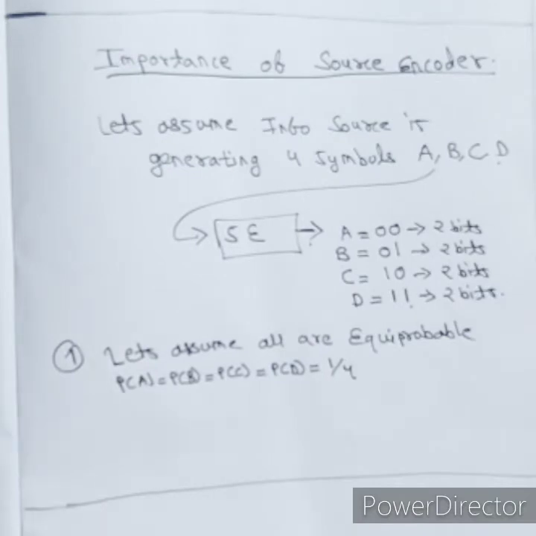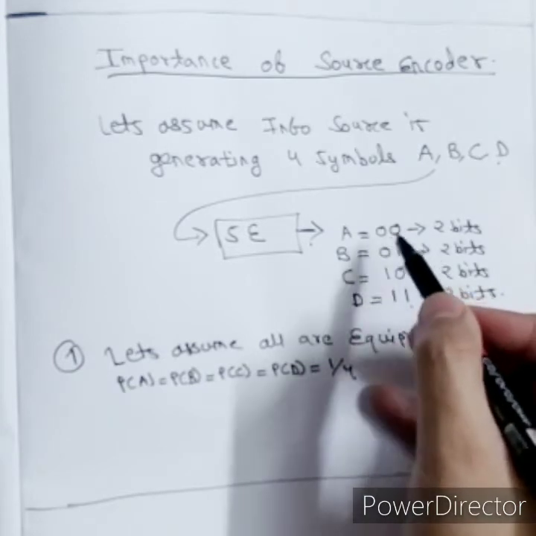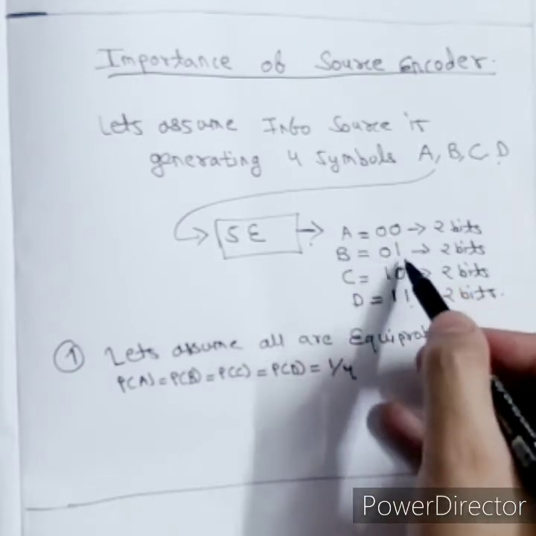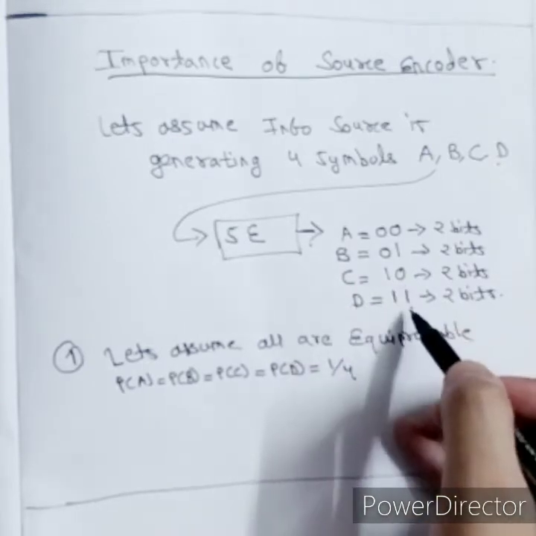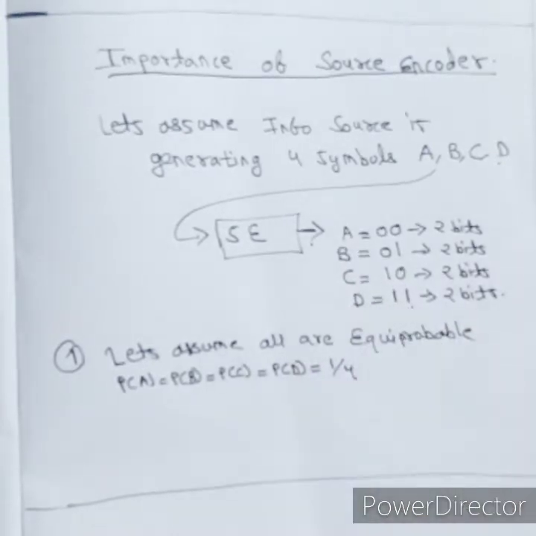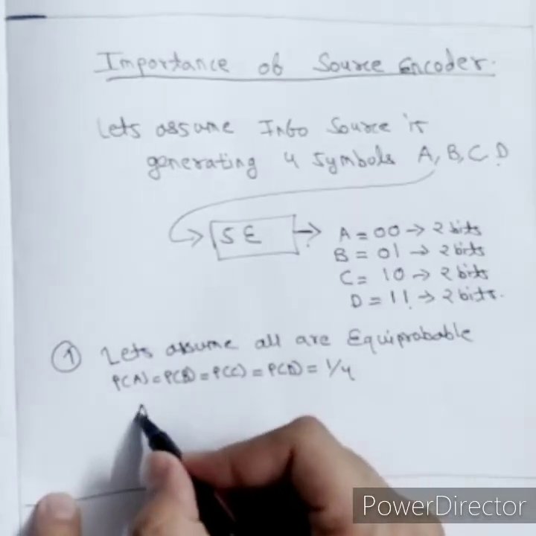If I calculate the average code word length, see, this is a code word. 00 is the code word for A, 01 is the code word for B, 10 is the code word for C, and 11 is the code word for D. So if I calculate the average code word length, what is the formula for average code word length?